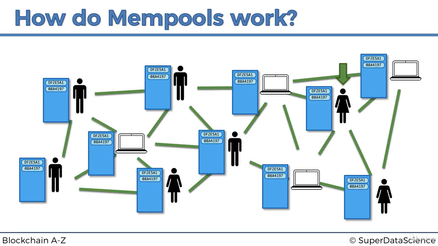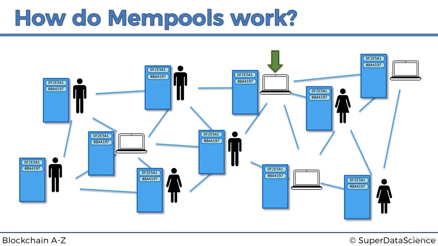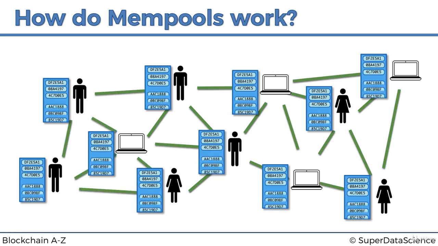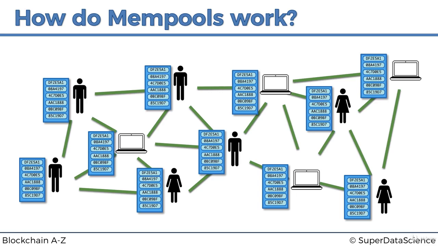Okay, and then let's say one of the miners wants to do a transaction. Usually they just mine, but they can also do transactions. Why not? So the miner does a transaction, and then again it gets relayed through the network, and so on. And in that similar fashion, the mempool gets more and more transactions added to it.